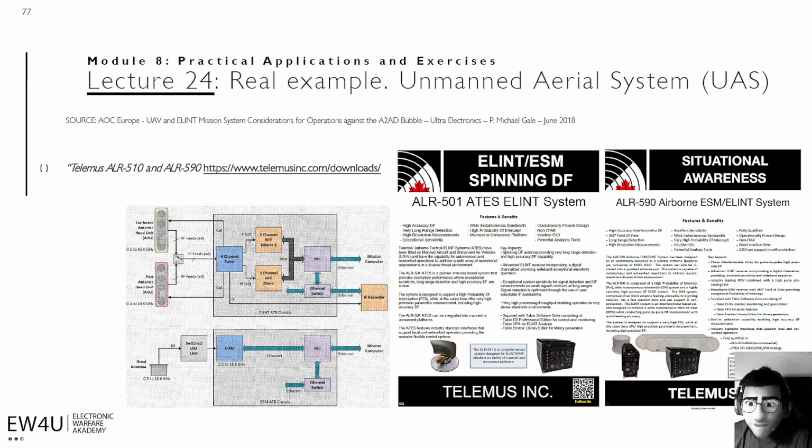Starting from our left, we can see what we mentioned before, the whole schematic, basically the ELINT and ESM architectures. You can find your interferometers, and what we mentioned before, your fourth channel, in this case a tuner, typically called the fourth channel digital receiver.